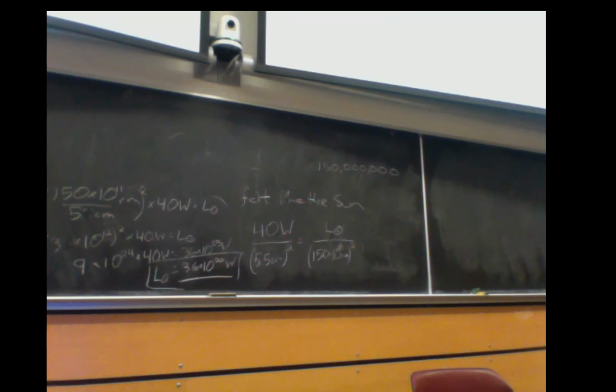Oh my goodness, what does it say? 3.8 times 10 to the 26 watts. And what did we get with these two jokers here? This is 3.6. The real answer is 3.8 times 10 to the 26. So they were off by less than 10%. With this light bulb.